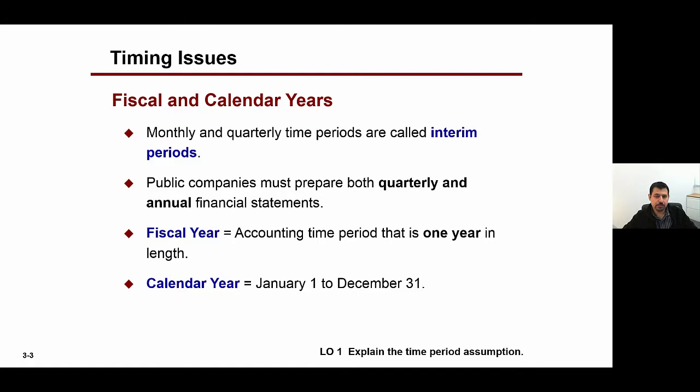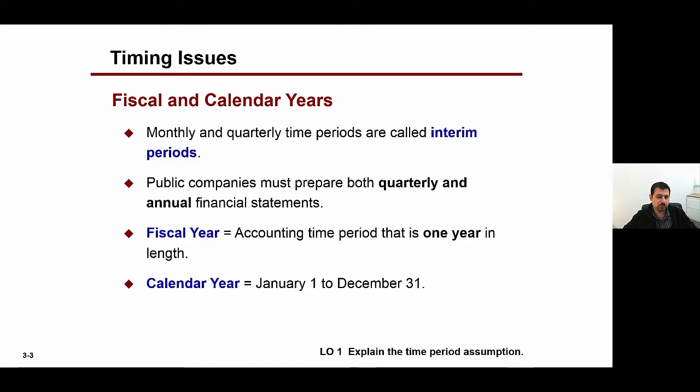Now, monthly and quarterly time periods are usually called the interim periods. The annual time periods are the fiscal years. A fiscal year doesn't always have to be exactly like the calendar year. For many companies it is. However, a lot of companies have different fiscal years.